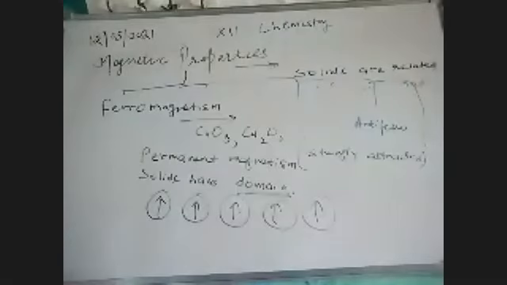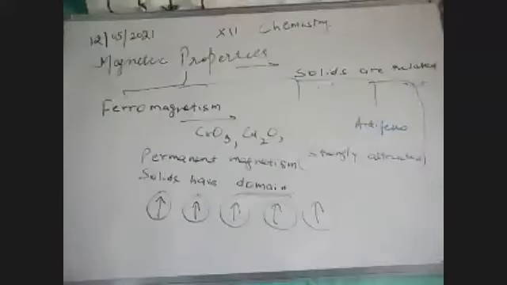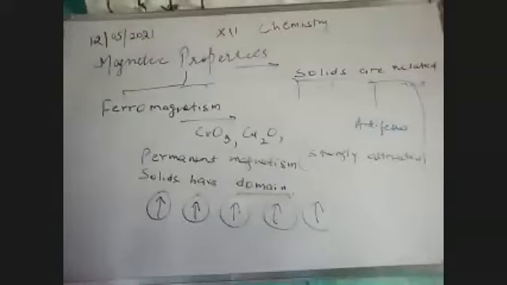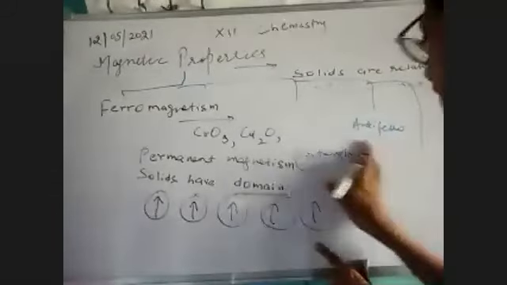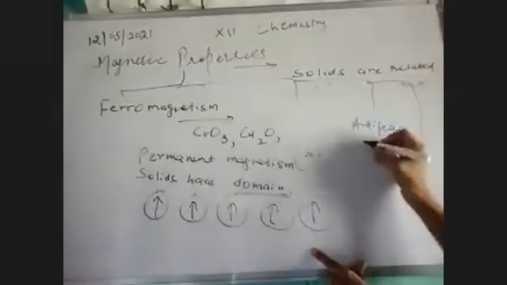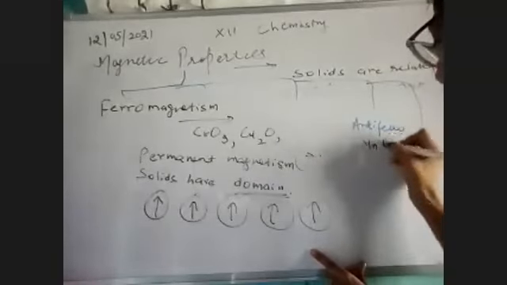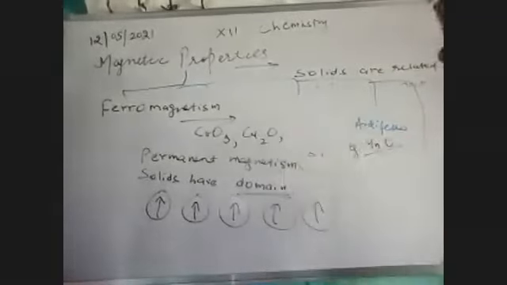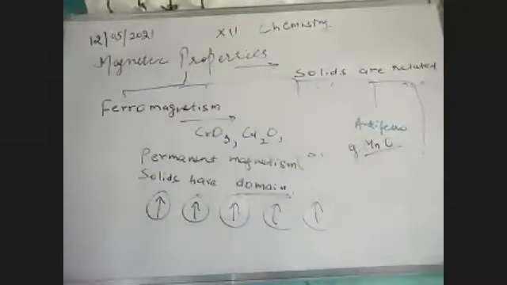Okay, so let's start with our next topic. What is antiferromagnetism? Antiferromagnetism is completely different, and the example is manganese oxide. We have been provided with only a single example.